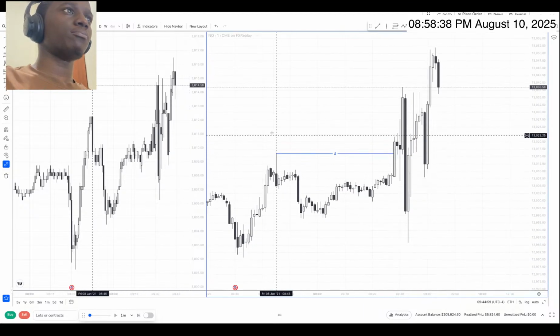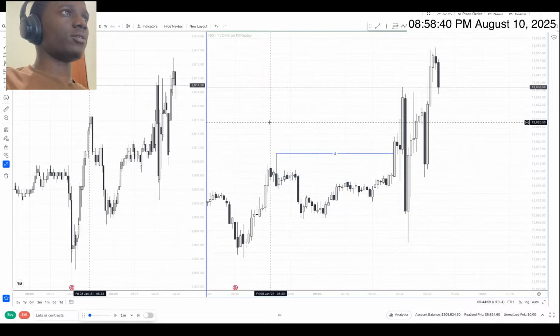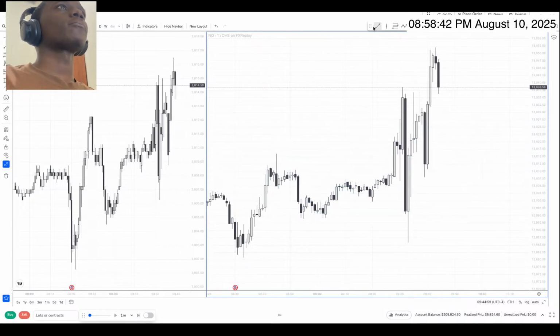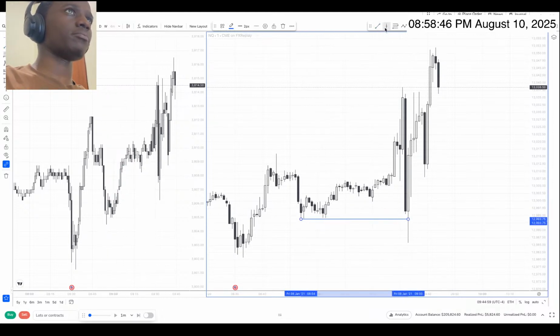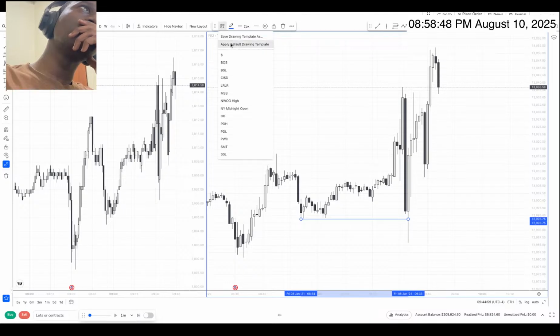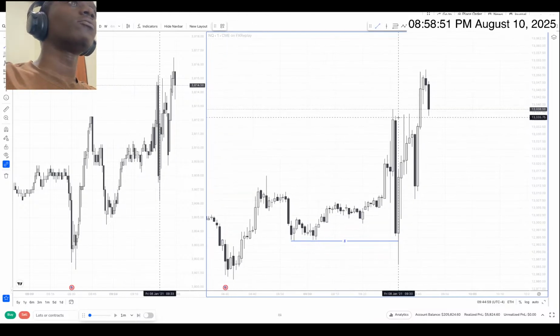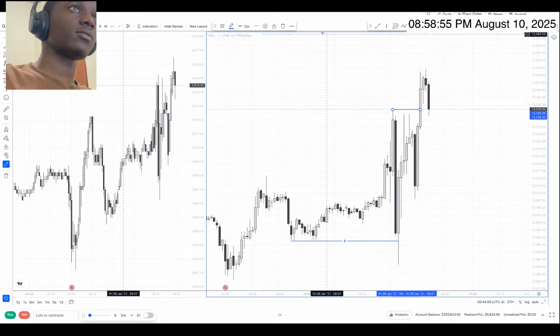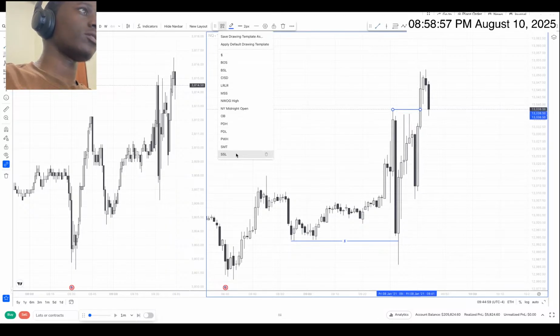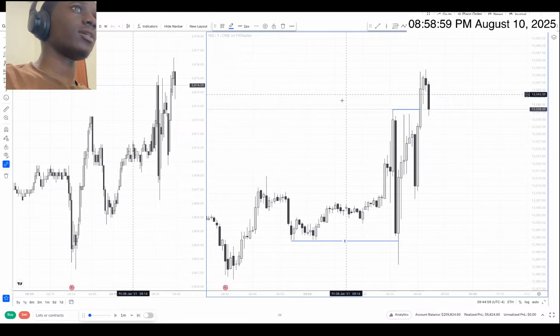Right, so here you can actually flip your bias. Here we have the model being presented to us. We have the sweep. Sweep here. We have the shift right here. MSS, right?